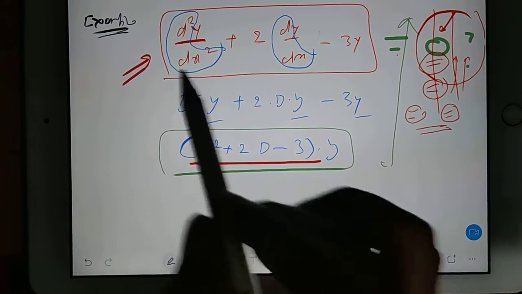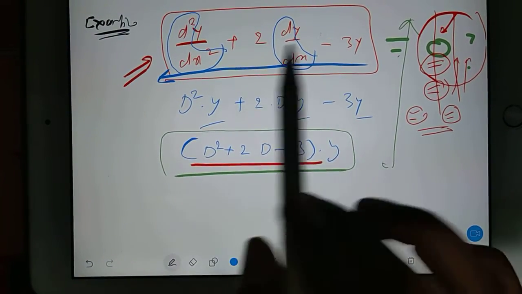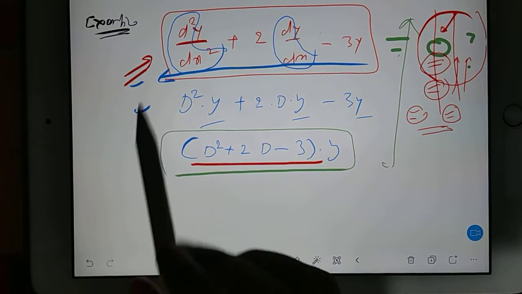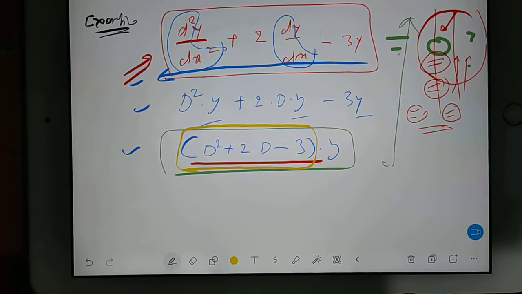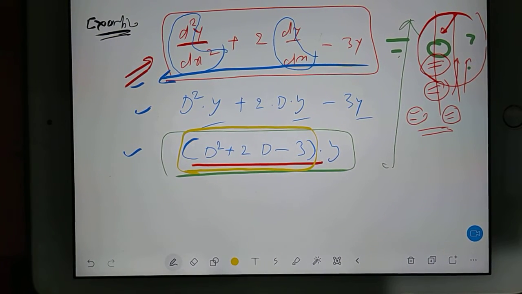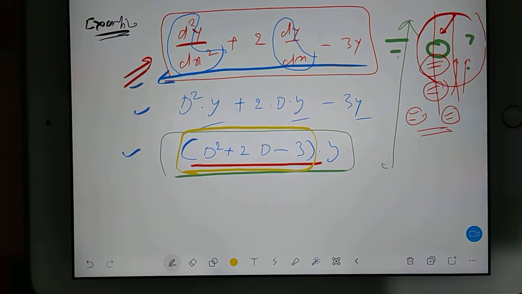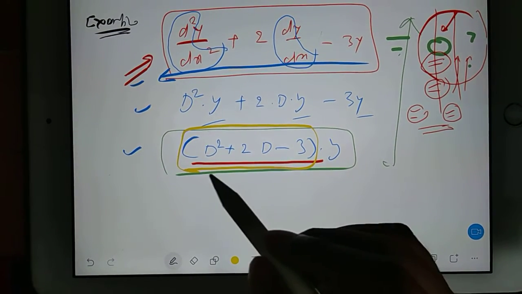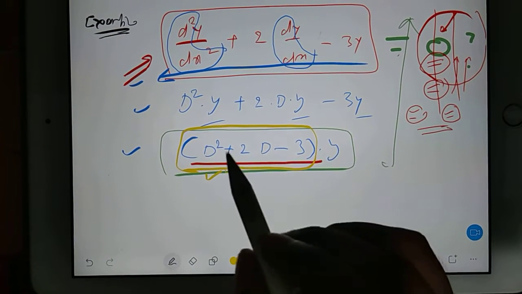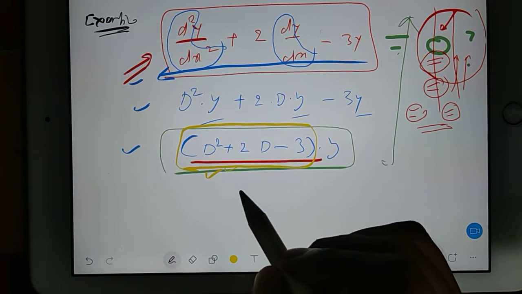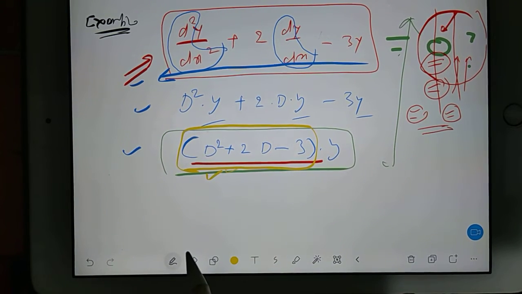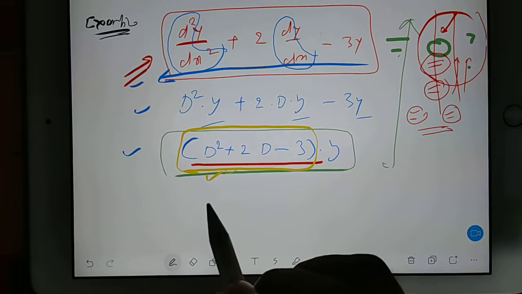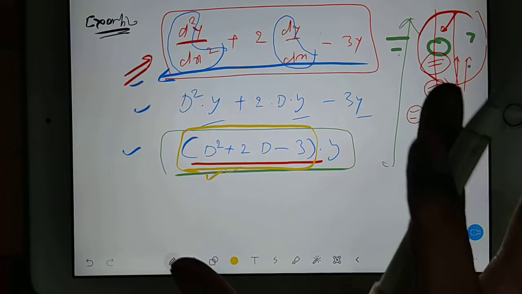So guys, first only bother about the left side. In the left side you will have this form. What you are seeing in this part is very, very important. This will give you the complementary function. We have to understand how. Because it is a quadratic equation, I will put this quadratic equation to 0, and after putting it to 0 I will call it the auxiliary equation.